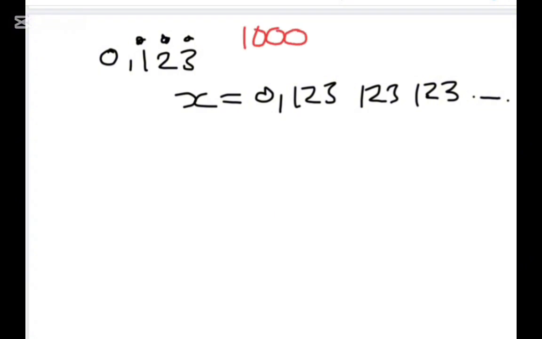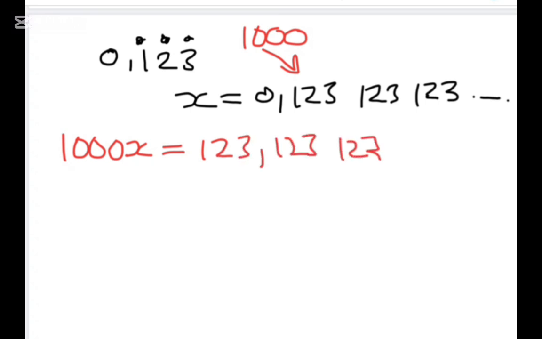If it was 2, we multiply by 100. If it is 1, by 10. So 1,000x equals, when we multiply this number by 1,000, 123.123123. I'm going to name this equation 1, and this one equation 2.